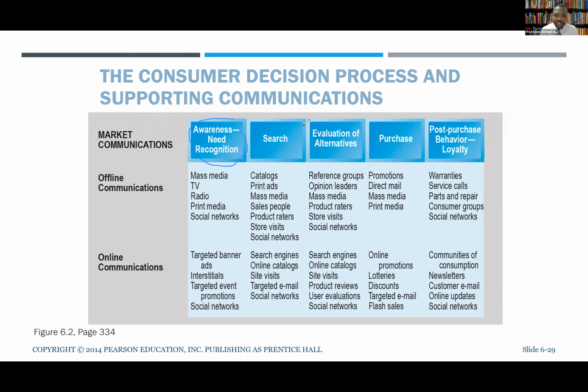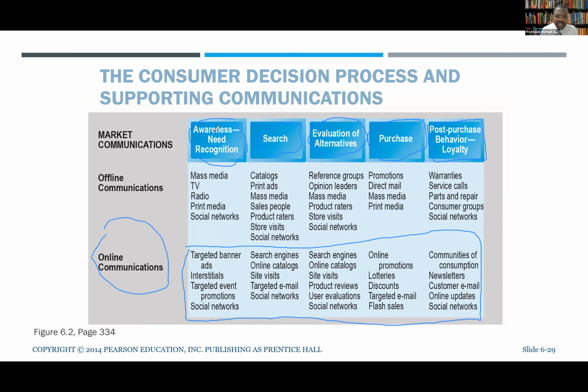You have search, evaluation of alternatives, purchase, and then post-purchase behavior and loyalty. For us, we want to focus more on the online experience because we are dealing with our e-commerce platform.